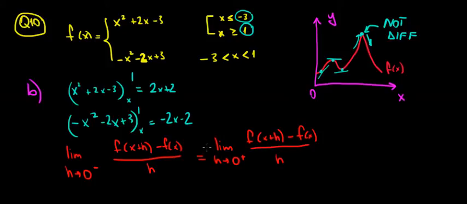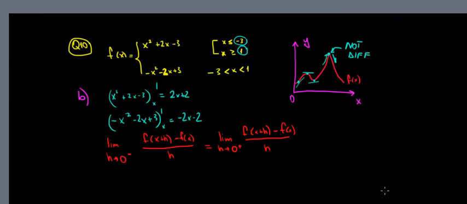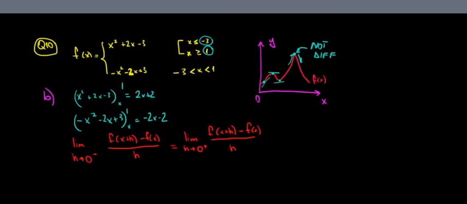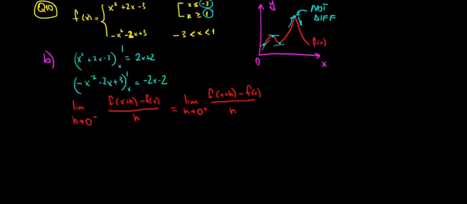And let's apply this concept into our question. Let me zoom out slightly so we get some more space, and let's solve it. And let's do it for the point of x equals 1. Let's see if we have a differentiable function over there. So let's check the limit as h approaches 0 from the positive side of f of x plus h minus f of x divided by h at the point of x equal to 1.